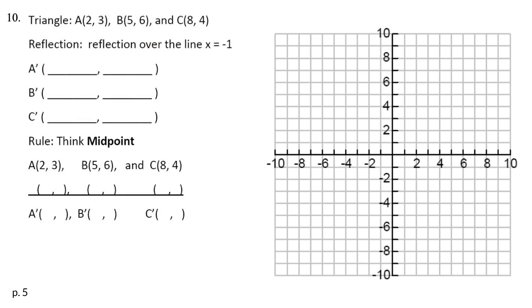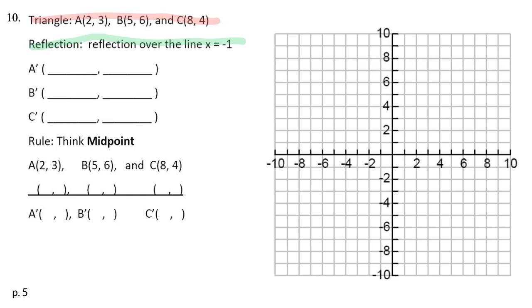So in our next example, problem number 10, we're given a triangle once again, and we're given a different type of reflection. Remember, whenever our equation is x equals a constant number, it's going to be a vertical line, right? And so the first thing I'm going to do is just draw out my pre-image triangle. And then I'm going to graph out my central line using this green color.